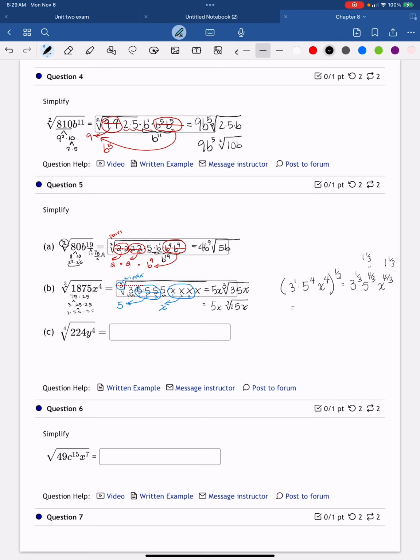So this is 5 to the 1, x to the 1, 3 to the 1/3, 5 to the 1/3, x to the 1/3. Since these are all 1/3, we can see this is 5x times 3 times 5 times x to the 1/3, or cube root of that, 15x.